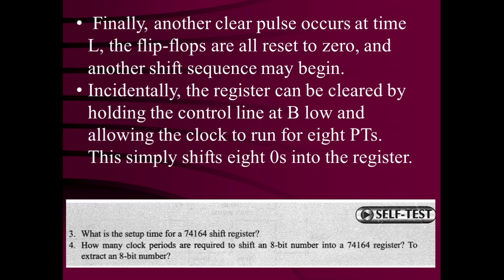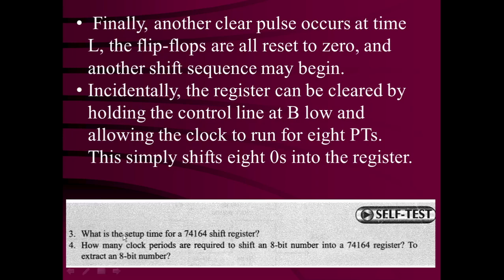Zeros will be shifted on the second clock pulse to the second flip-flop, the third clock pulse to the third flip-flop, and QA, QB, QC, QD, QE, QF, QG, and QH all become 0 after 8 positive transitions of the clock pulse. So 8 zeros will be entered into the shift register when the control line is held low and the clock is allowed to run. This is another way we can clear the shift register.